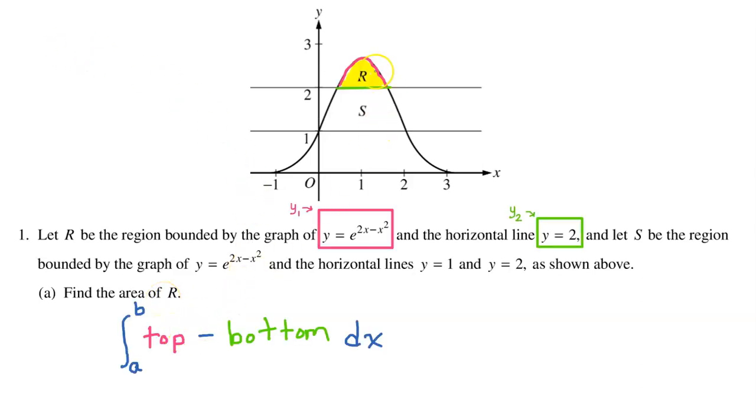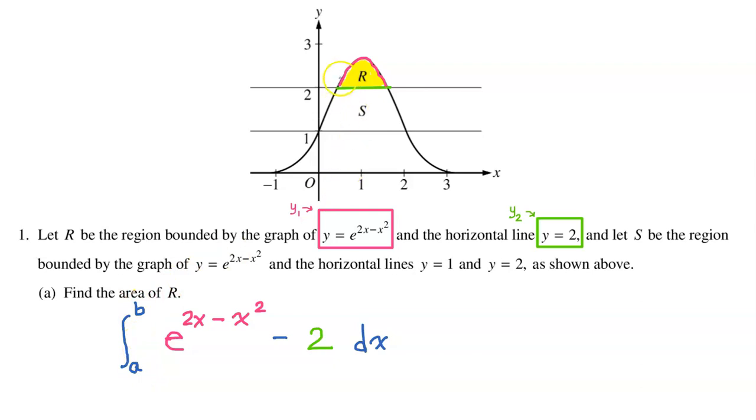You can find the area between two curves by integrating with respect to x if you integrate the top function minus the bottom function. In this case, the top function is e to the 2x minus x squared, and the bottom function is 2. In order to complete the integral, we need the limits of integration.